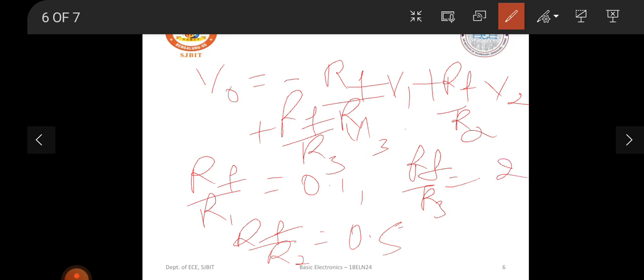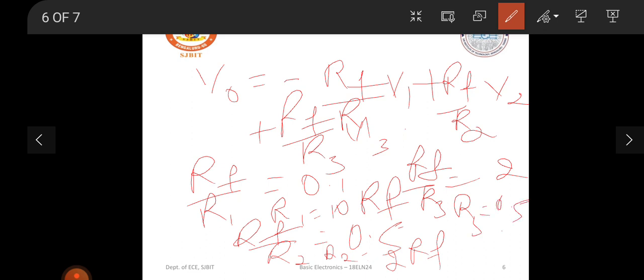When we resolve this expression, R1 is equal to 10 times RF, R2 is equal to 2 times RF, and R3 is equal to 0.5 times RF.